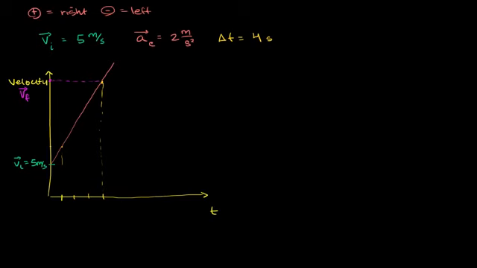Well, I'm starting at 5 meters per second. I'm going to do it both using the variables and using the concrete numbers. So I'm starting at some initial velocity, the subscript i is for initial. And then each second that goes by, I'm getting this much faster. So if I want to see how much faster I've gone, I multiply the number of seconds that go by times my acceleration.